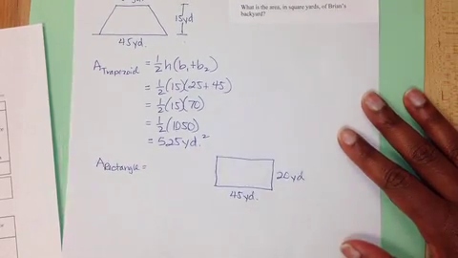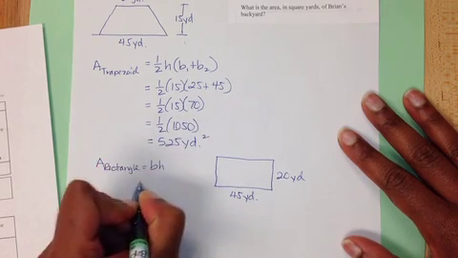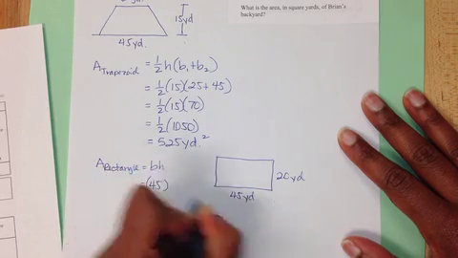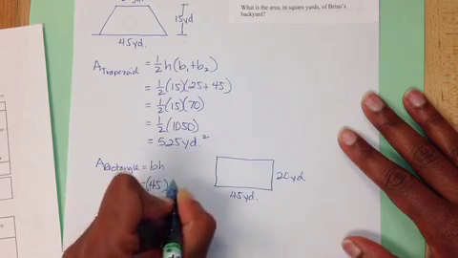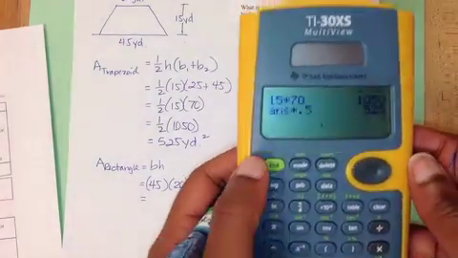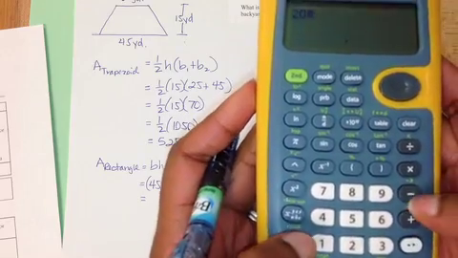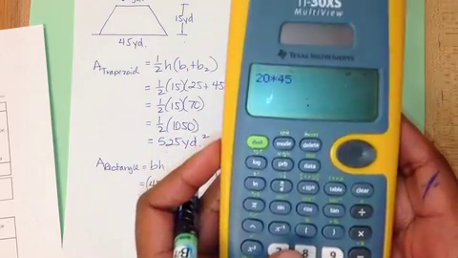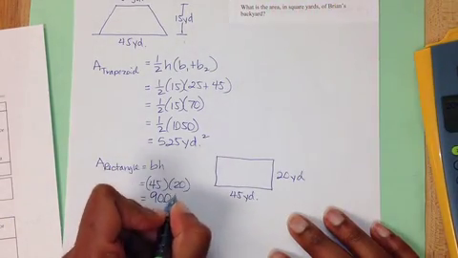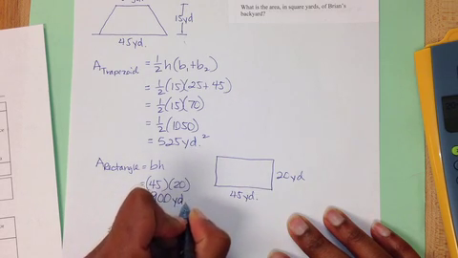So now that we have it drawn, we can go ahead and apply the formula, which is A equals BH. So like we stated, B was our base, which is 45, and H was our height, which is 20. So if we're trying to find the area, we're going to go ahead to our calculator and do 20 times 45, which gives us 900. And remember, you are using your units, so it's 900 yards squared.